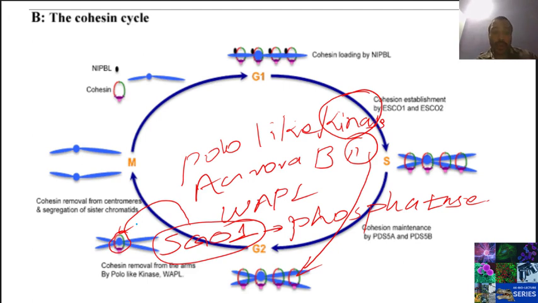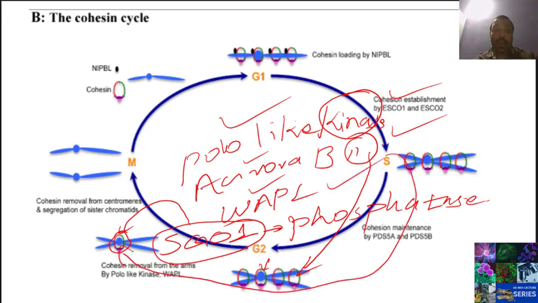So SGO1 protein protects the cohesin protein from the polo-like kinases, aurora B kinase and WAPL, and so these proteins cannot phosphorylate the cohesin protein at the centromere region.